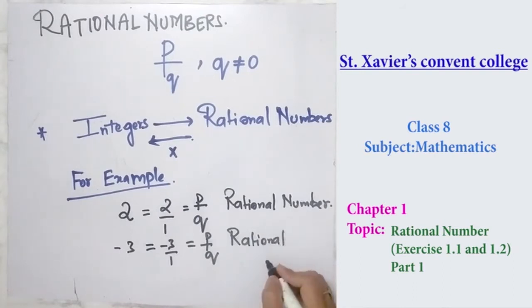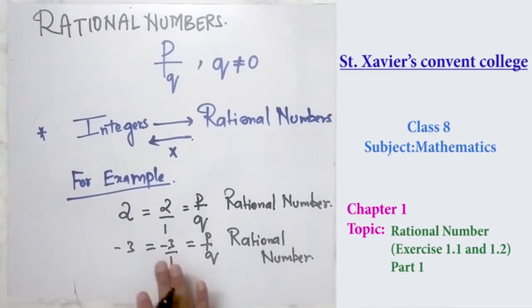So all these numbers which are integers can be called rational numbers, but it's not possible that if you are given minus 3 upon 1, you call it an integer for all numbers. I will give you another example like this.